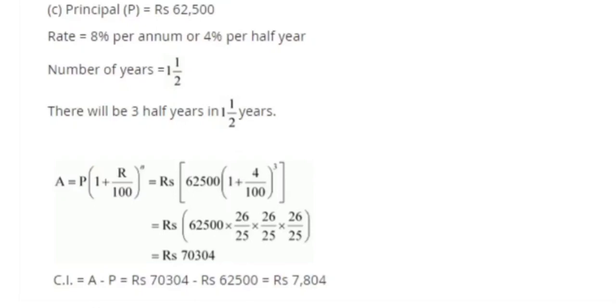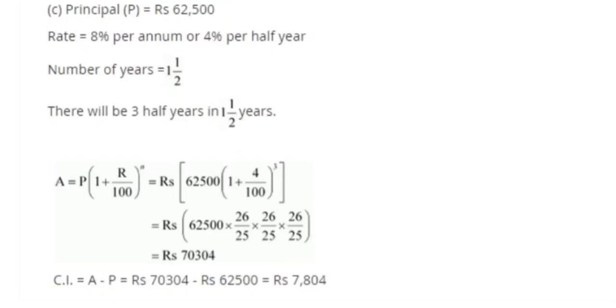So principal value 62,500 bracket 1 plus 4 upon 100 and the power is 3. So 4 and 100 we can cancel 25 times. 25 ones are 25 plus 1, that is 26 upon 25. Means it will come 62,500 and bracket 26 upon 25 cube.